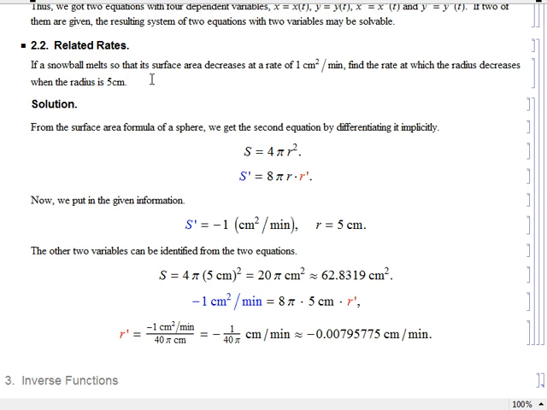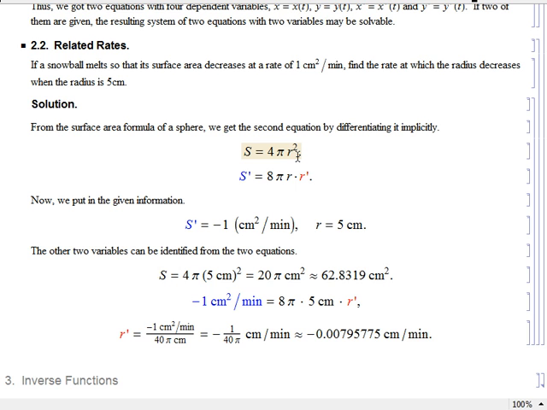So where do we start? We start from the area formula for a sphere, S equals 4 pi r squared, and that's an implicit relationship between S and r. You know what? The snowball is melting and the surface area is decreasing, and consequently the radius is decreasing, so both S and r are going to be changing with respect to time t. So they're going to be functions.